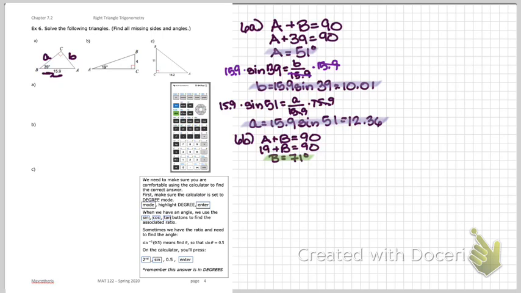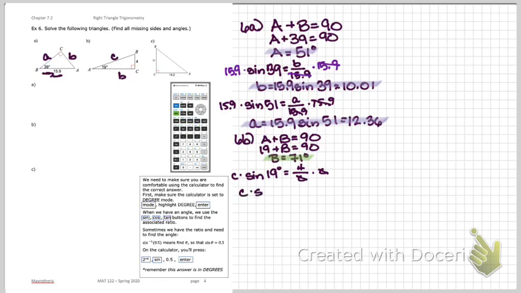Okay? And so now we're going to set up the same way we did before. We've got the sine of 19, and let me label these other 2 sides. There's my side c and side b. Sine of 19, that's our 19 degrees, equals opposite over hypotenuse. This time our hypotenuse is unknown, so we're going to multiply both sides by c. So these cancel.